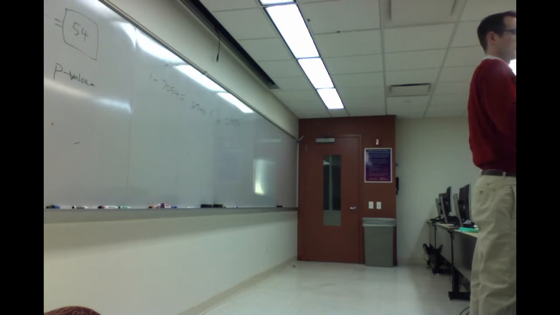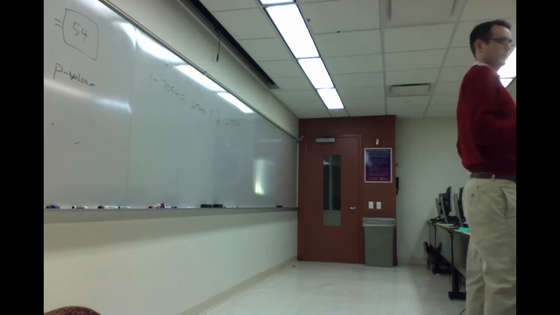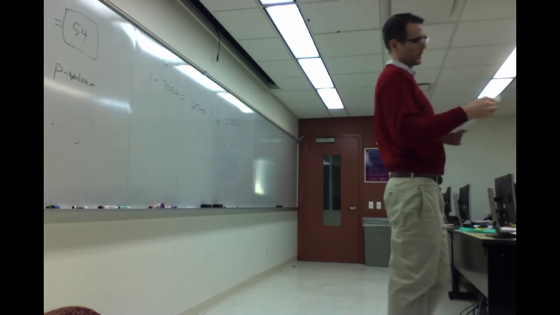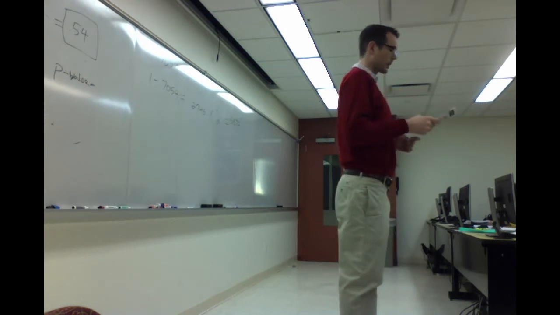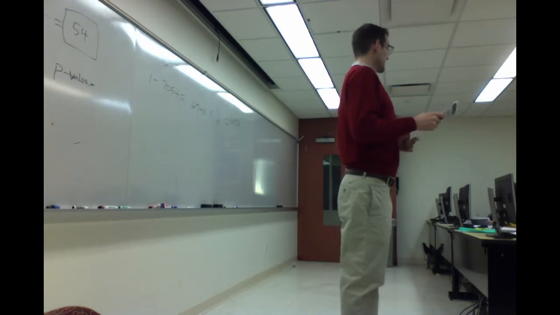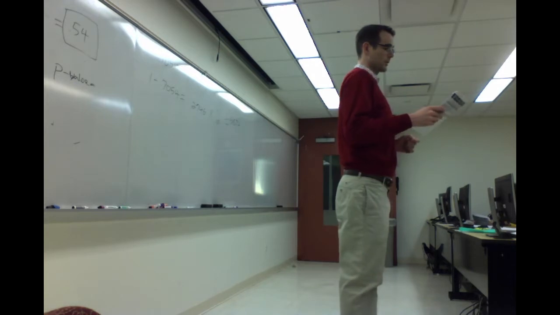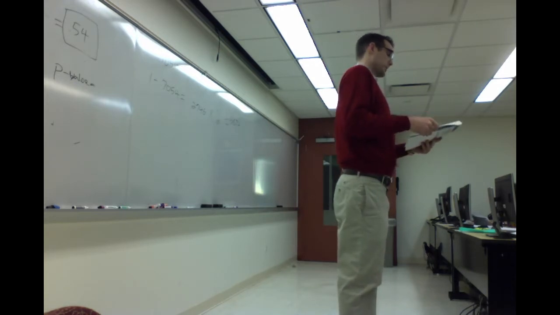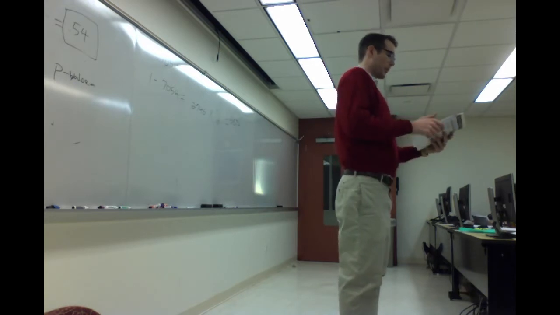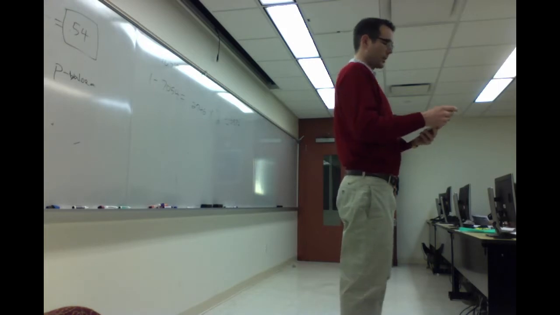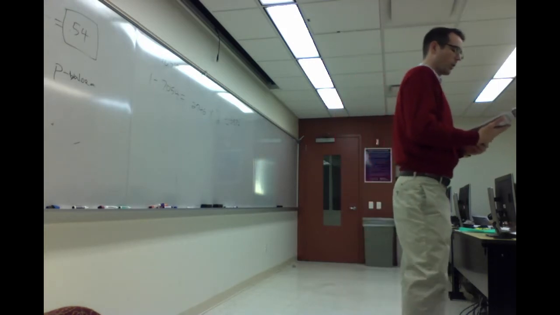Well, it's n minus 2 because there's only 1, because k is 1. So n minus k minus 1 is going to be the degrees of freedom we use. We look on the t distribution for a 90% confidence interval, and we get a t value of 2.132.